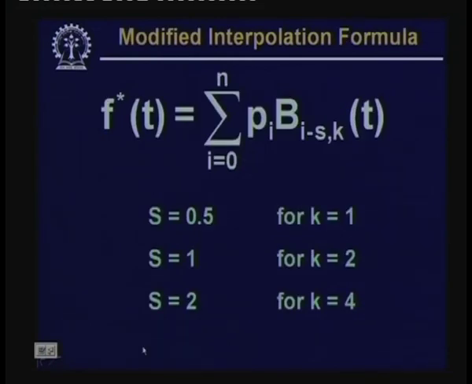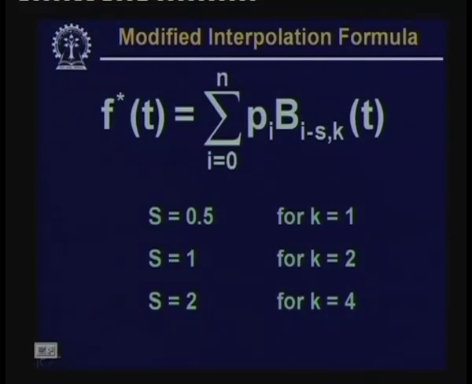So, to solve this problem, instead of using the simple formula, that is f t equal to summation p I b I k t, where I varies from 0 to n, we slightly modify this interpolation formula. We make, say, f star t equal to summation p I b I minus s k t, where again I varies from 0 to n.